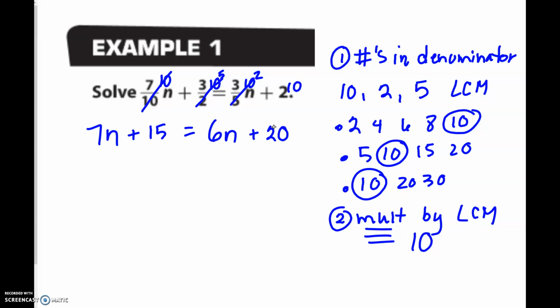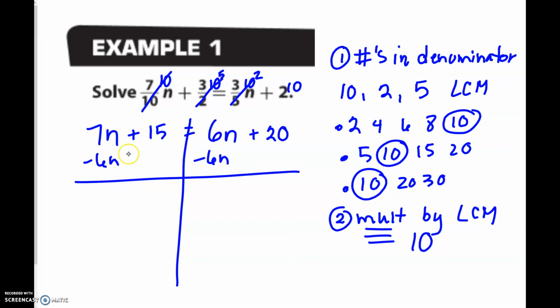This is exactly what we've been working on for the last week or so. I am going to combine my like terms, and I have n's on opposite sides, so I'm going to do the opposite operation to get my n's together. 7n minus 6n is 1n. We probably wouldn't write that 1 there, since 1n is the same thing as n.